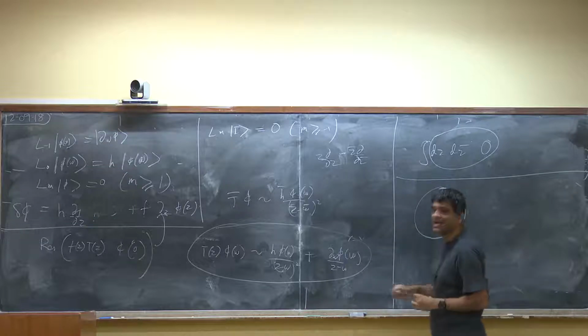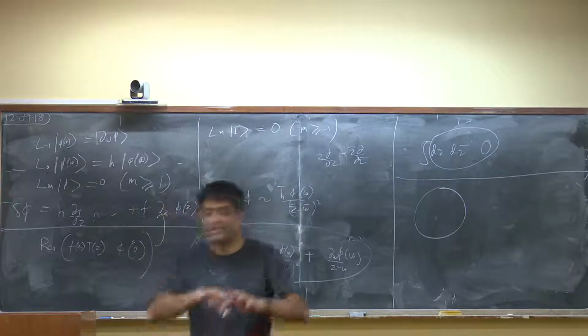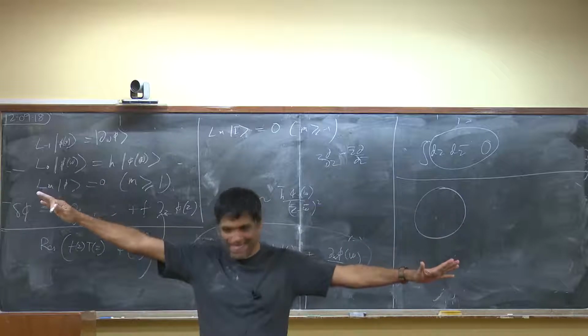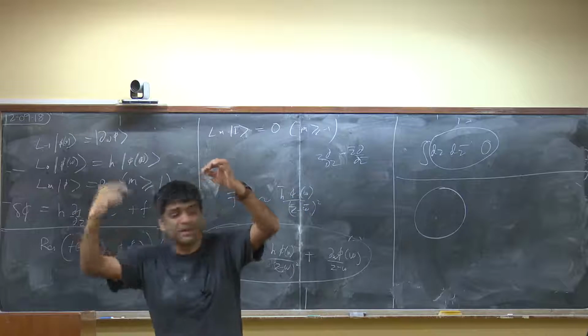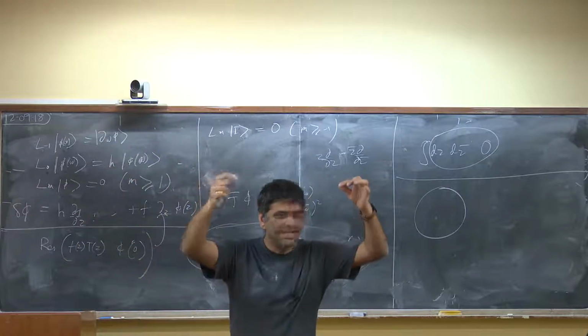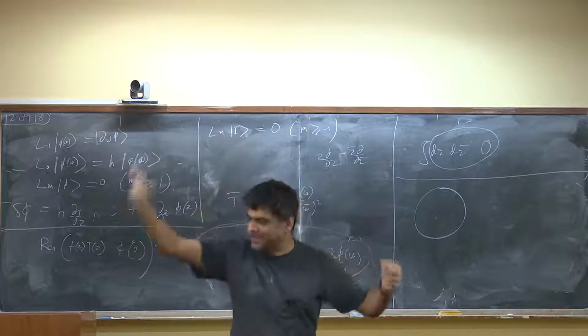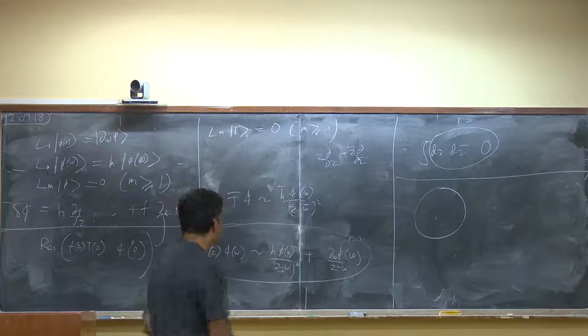Suppose I take the sphere. Suppose the space on which I'm inserting everything is a sphere, or the plane, or the plane with infinity treated the way we treated it in the beginning of this class. That is, if you ever get confused about whether something's regular at infinity or not, do the z goes to 1 by z conformal transformation and ask for regularity.